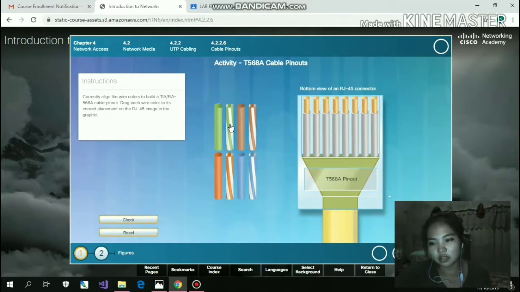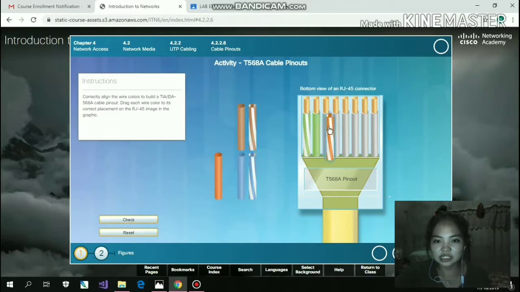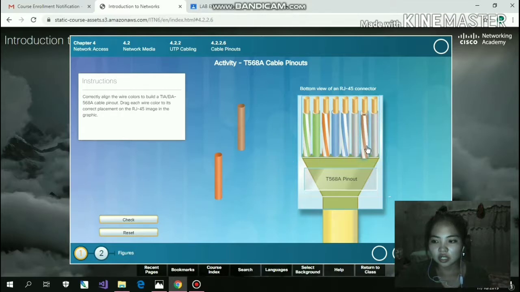cable, I think this is the correct, and this one, and this, and this, no, this one, and this, and for this wire color, and for this orange wire color, and for this is the light red wire color.